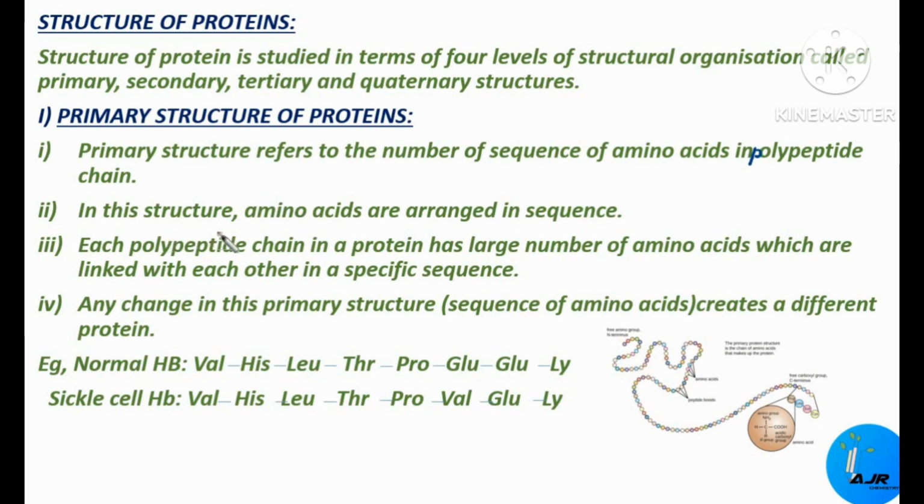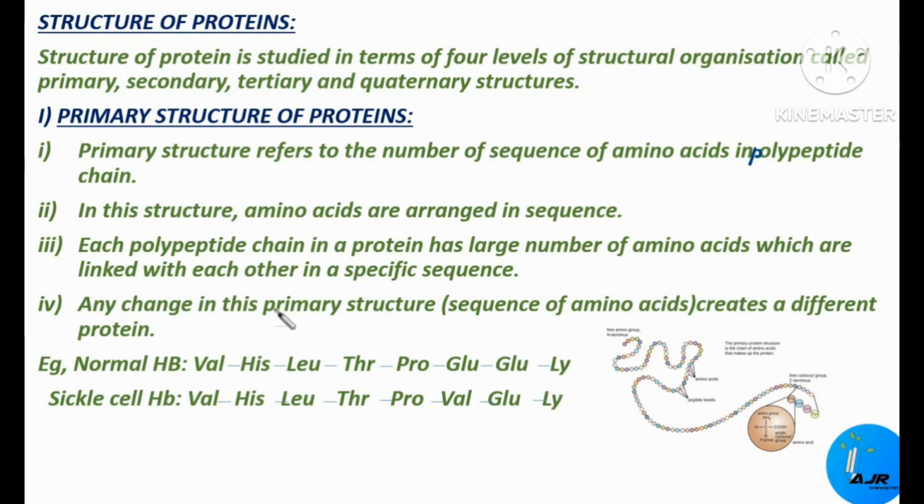So in this structure, amino acids are arranged in sequence, and each polypeptide chain in a protein has a large number of amino acids, linked with each other in a specific sequence.